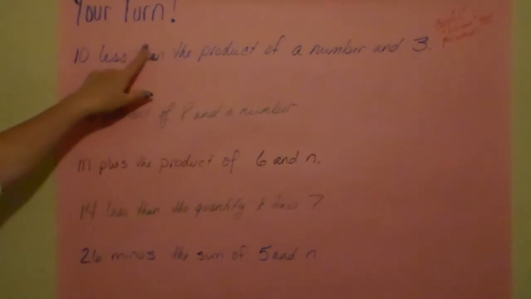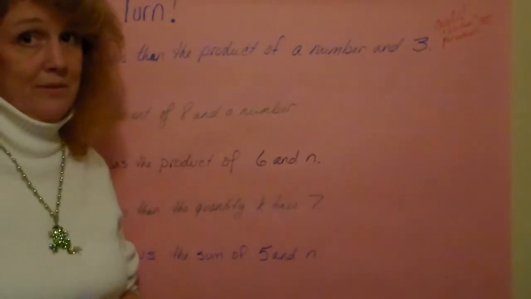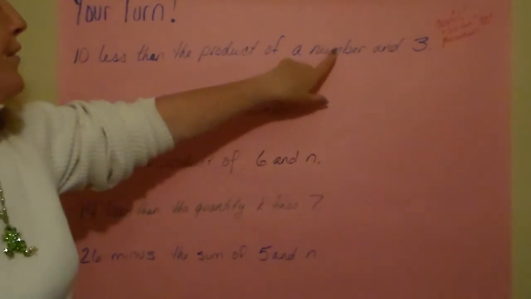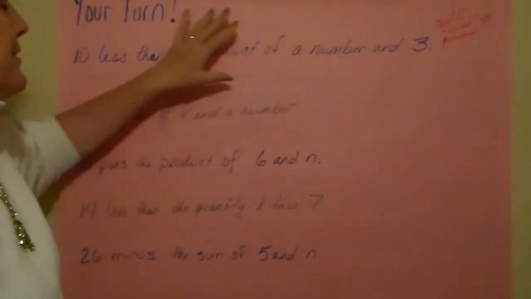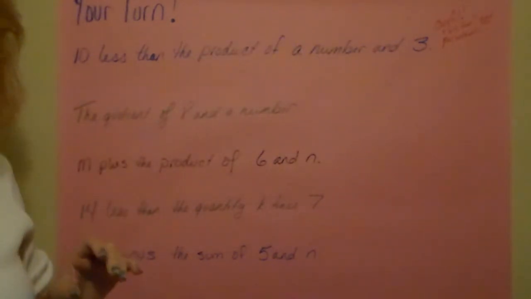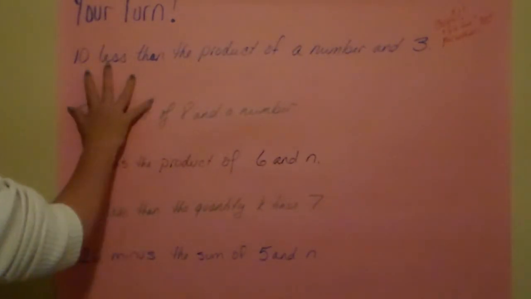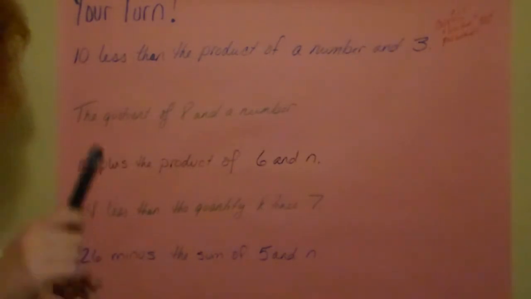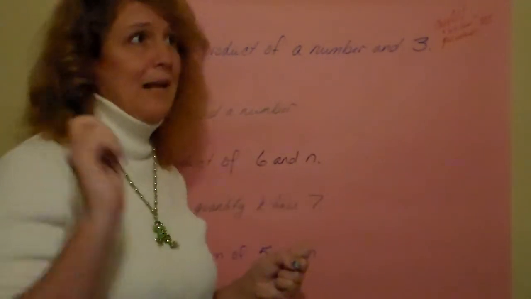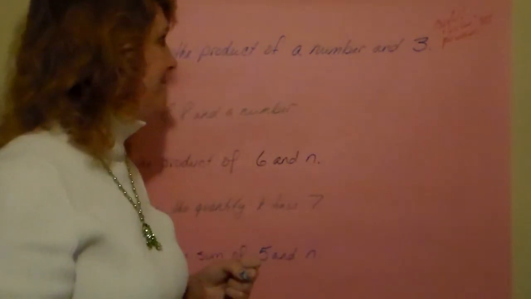Now remember, less than means where does that 10 go? The product of this and that. That means these 2 things are going to get multiplied together. And then this happens. Write that out. Push pause. Come back.